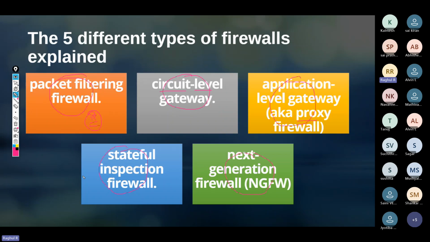Stateful we know is TCP, and the next generation firewall. So as of now, you don't need to concentrate on these packet, circuit, application, stateful types. We need to concentrate only on the next generation firewall, because currently all over the world only next generation firewall is used, called Gen 7.